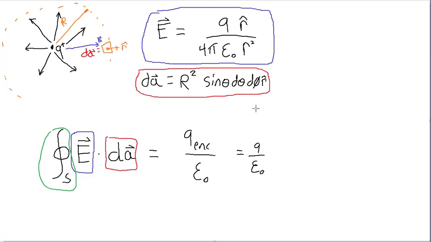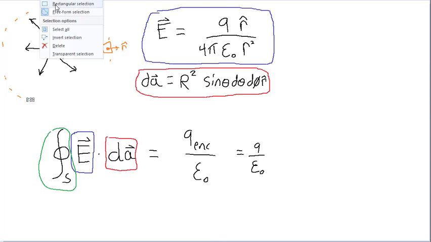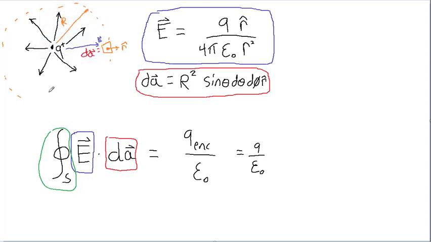But if you keep in mind, what we did was we ultimately solved for what the charge was that was completely enclosed by that sphere that we put together and integrated around, of a distance, a radius r. So ultimately, this sphere that we made up and integrated around is enclosing the charge.